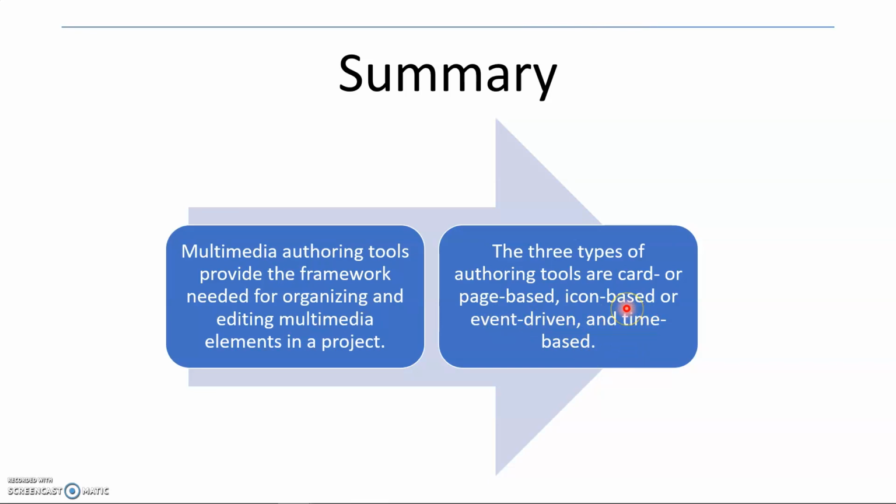And when you are choosing an authoring tool, you must consider the following features, which are editing and organizing features, programming features, and many more features that I explained before. So that is the end of this chapter.